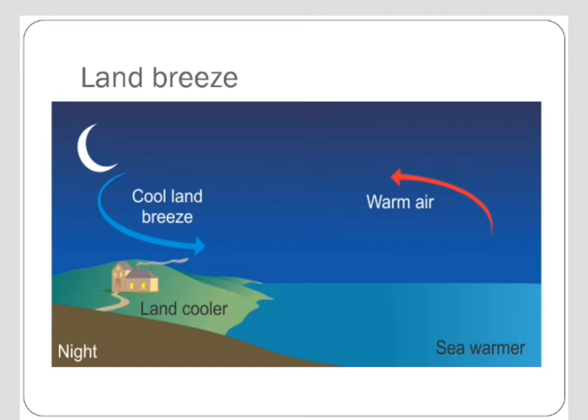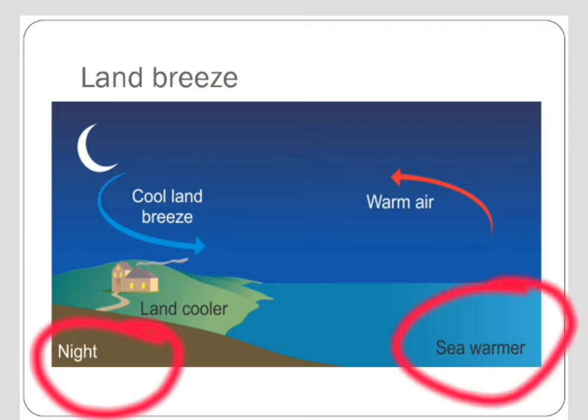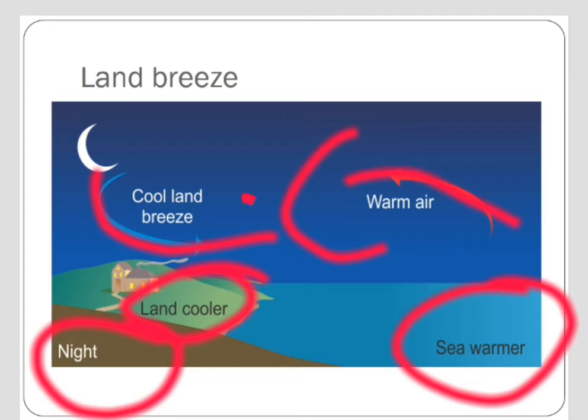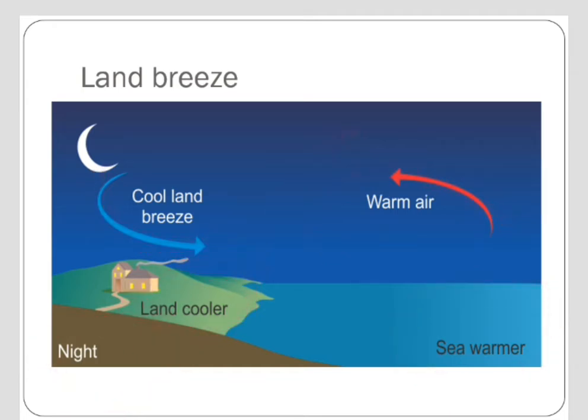Next is land breeze. During the night, the sea cools down slowly than the land, so hot air above the sea rises up and cold air from the land moves toward the sea.